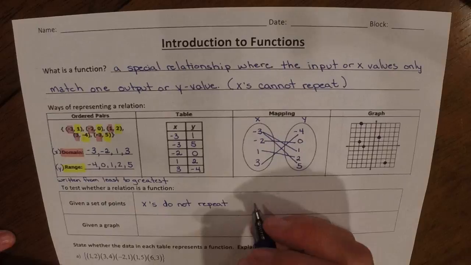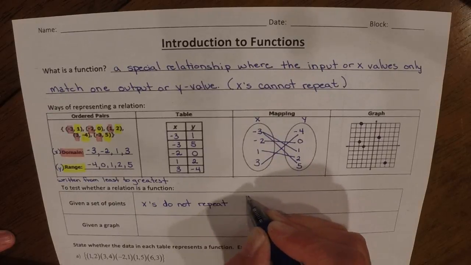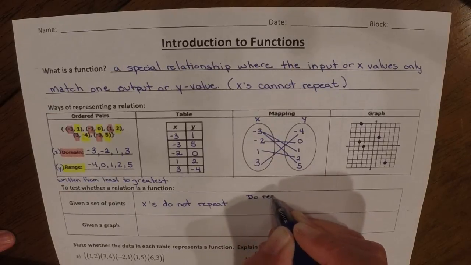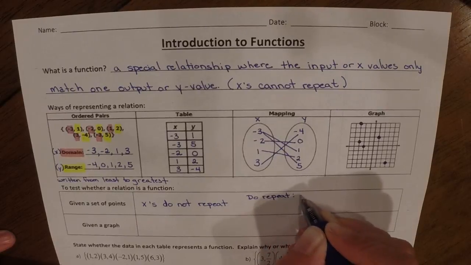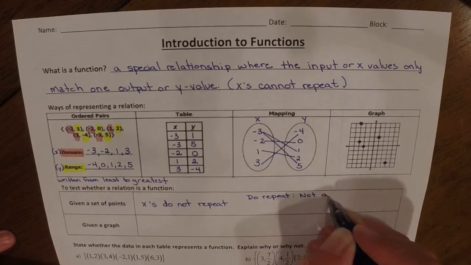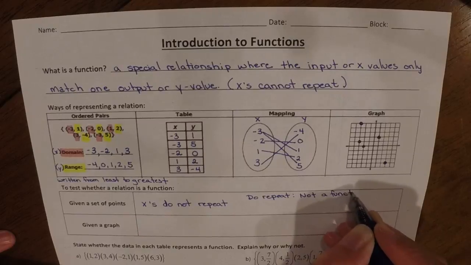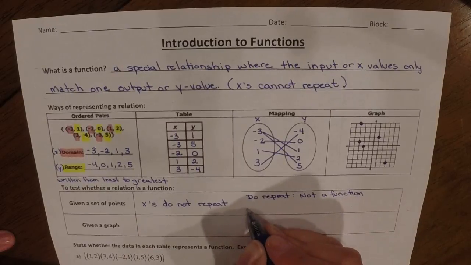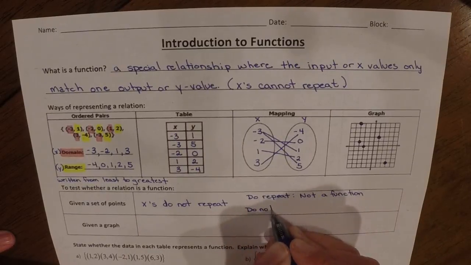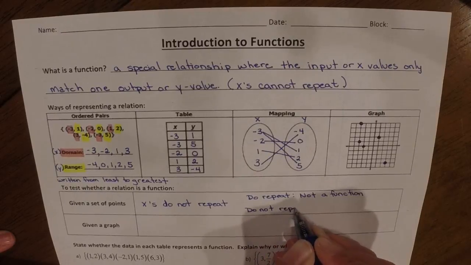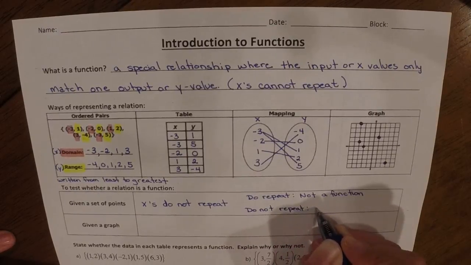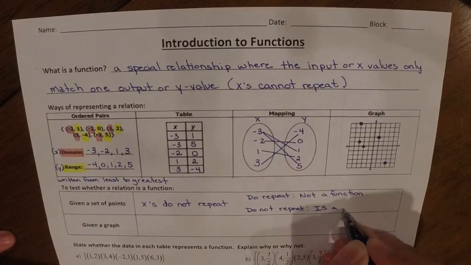So again, we're looking at the domain. If they do repeat, we would say they are not a function. If they do not repeat, then we would say this is a function.